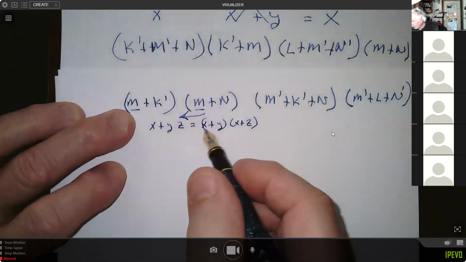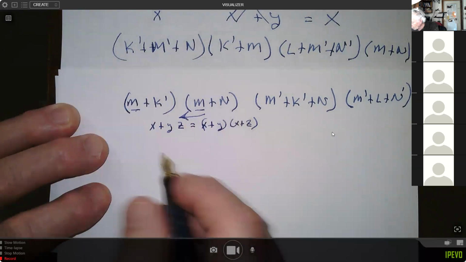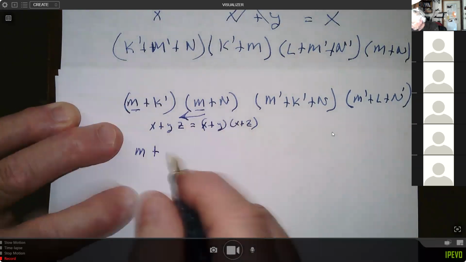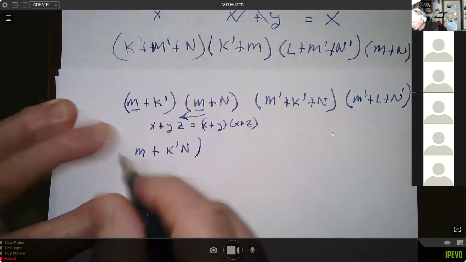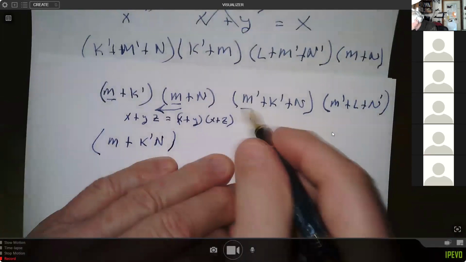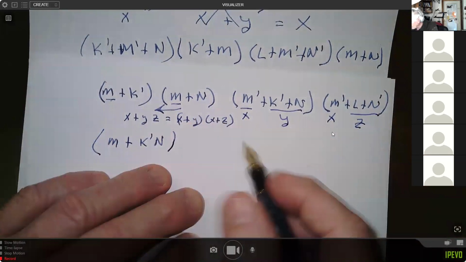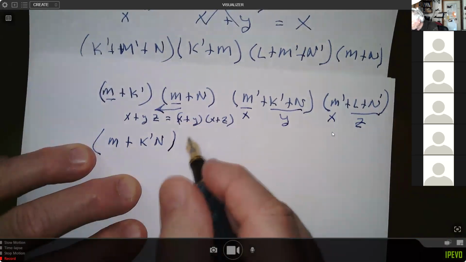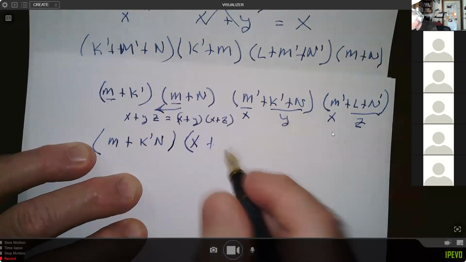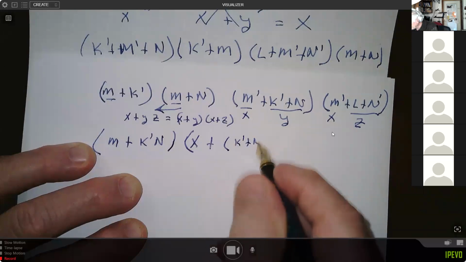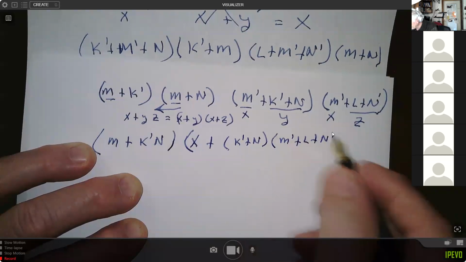Now we're looking for an X plus Y, so M plus K prime, so Y is K prime, and an X plus Z, so N would be Z. And we wind up with M plus K prime N. Now this is this times this over here. Same thing here: that can be an X, this can be our Y, that can be our X, and this can be a Z. So we do the same thing here and wind up with X plus Y times Z, the quantity K prime plus N times M prime plus L plus N prime.